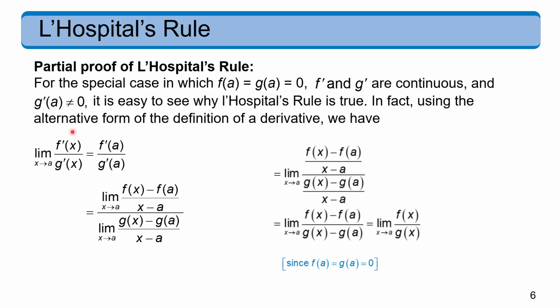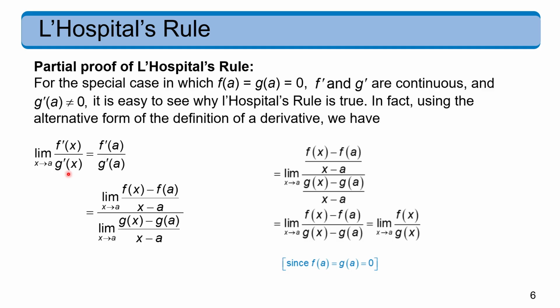So here's how the proof works. We're going to start with the limit of f prime over g prime, and we're going to do a lot of simplification until we eventually show it's equal to the limit of f over g, which is the original. Those are the two things we're trying to show are equal to each other.